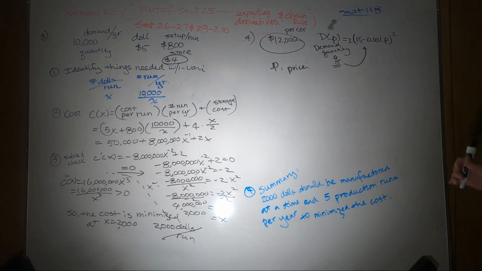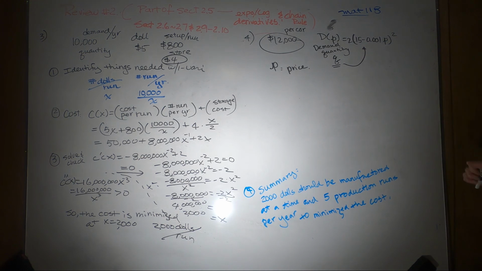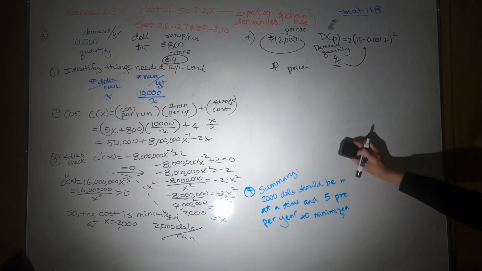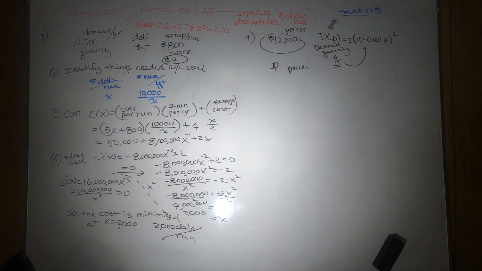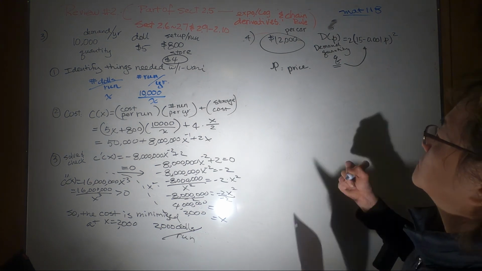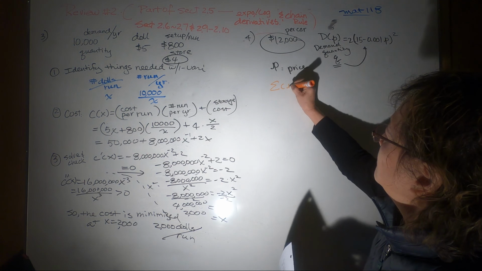So once we have the demand function, you can find the elasticity of demand, right? So you need to use the formula. Do you remember the formula? The E thing, right?